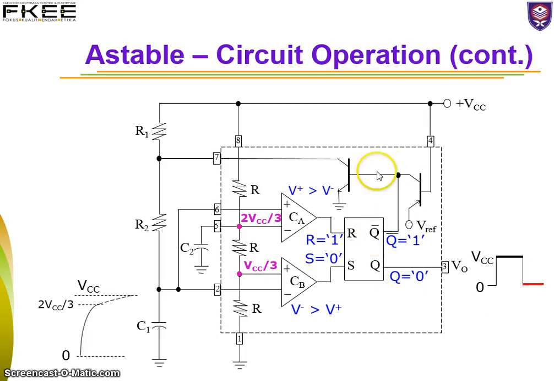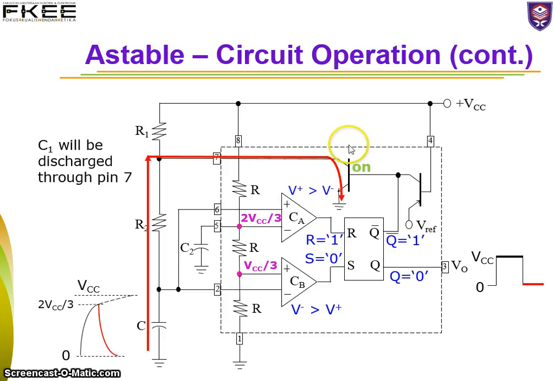When Q bar is 1, meaning that this is higher potential than ground, your transistor here will be on. So there is a path from this node through pin 7, which is the discharge pin, to the ground. At this moment, when the capacitor voltage is greater than 2/3 of VCC, the capacitor C1 will be discharging through this path through pin 7 to the ground, since this transistor is on.